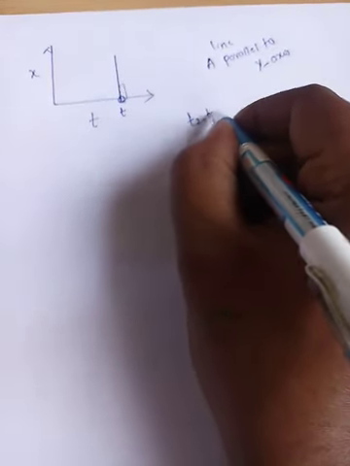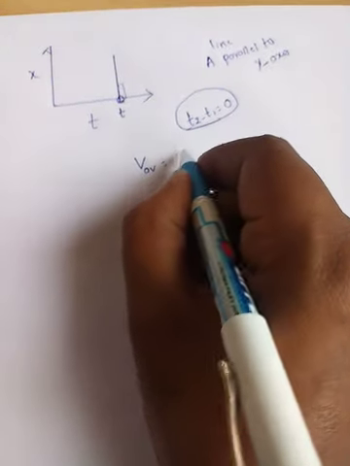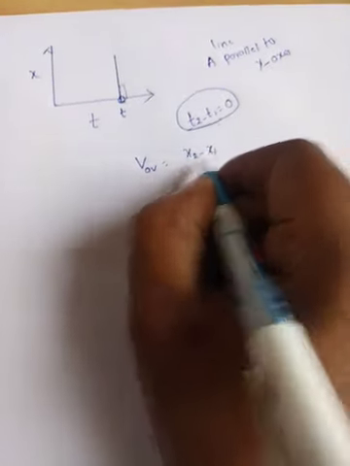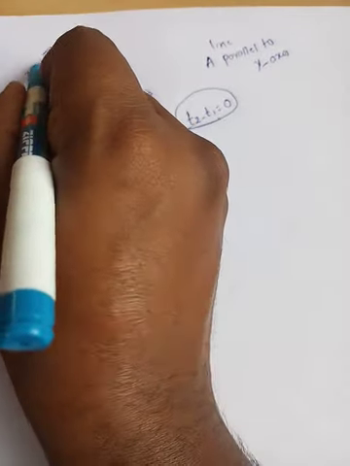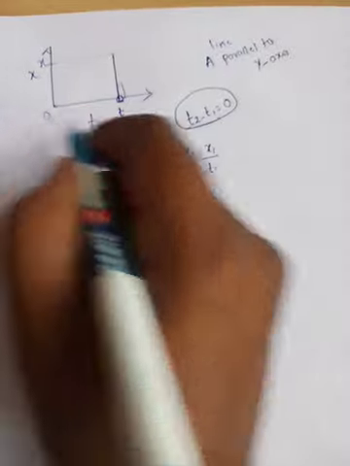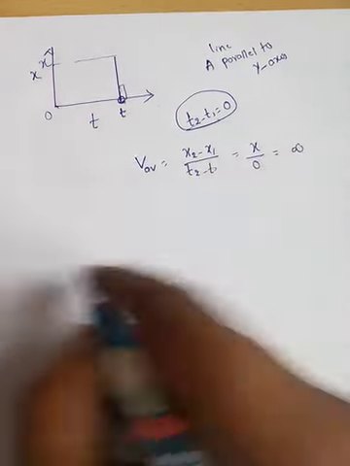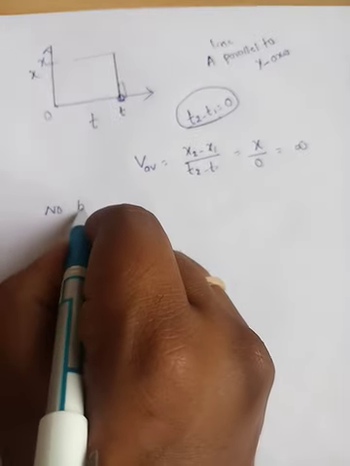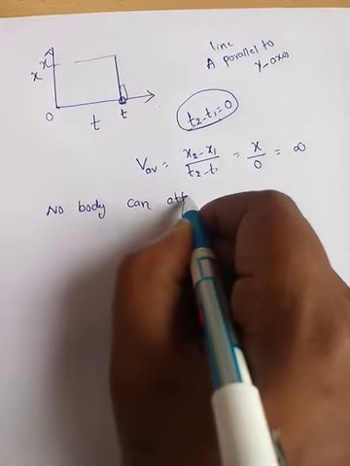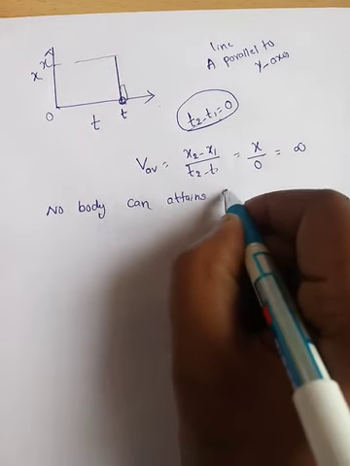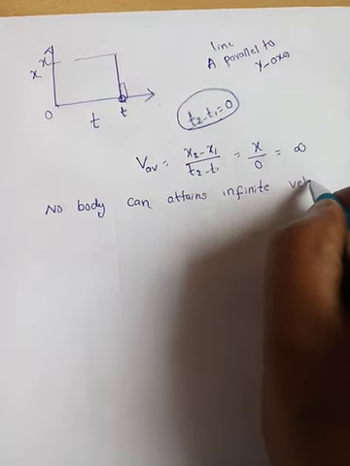T2 minus T1 equals 0. Average velocity is equal to x2 minus x1 by T2 minus T1. Let us take this as x and this as 0. What do you get? x by 0, infinity. So nobody in the universe can attain infinite velocity. So this is not possible.